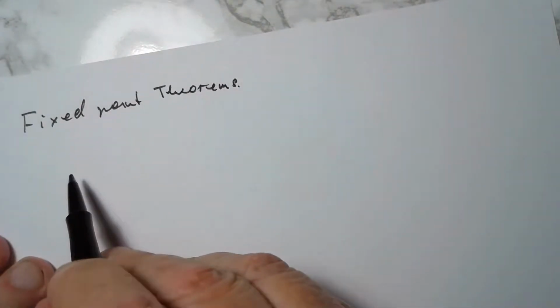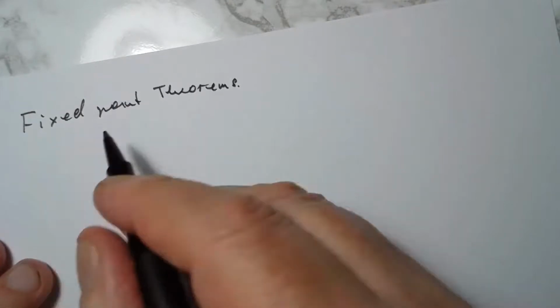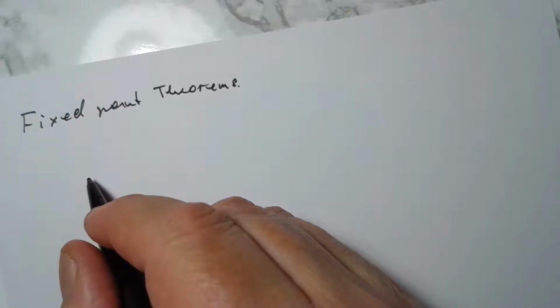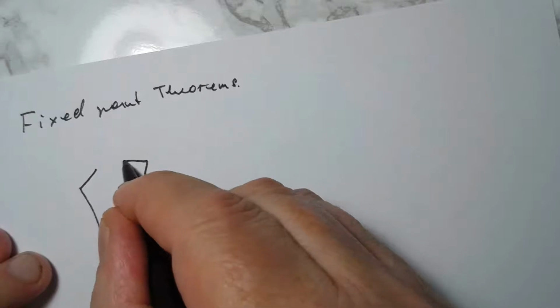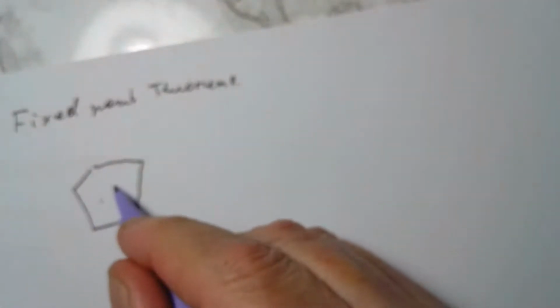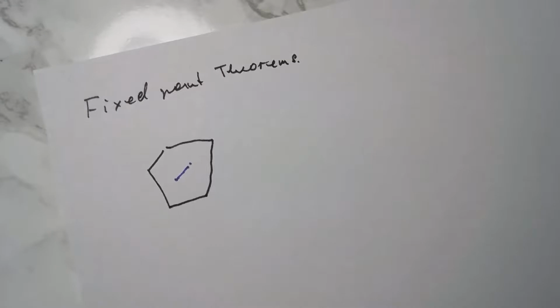And so it is true not only on the real line, that fixed point theorem, but it is also true, say, on a plane. And the way it looks is that if you have a convex set on a plane, now convex means that for every 2 points inside this set, the interval of a straight line that connects these 2 points lies inside the set.